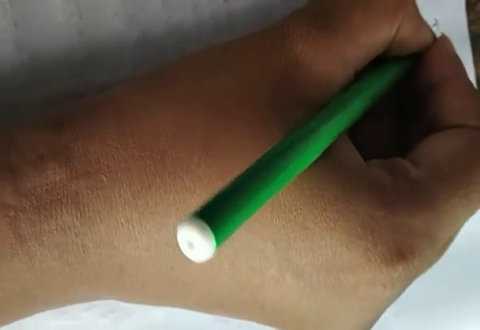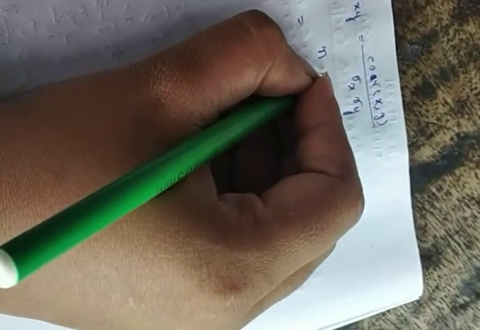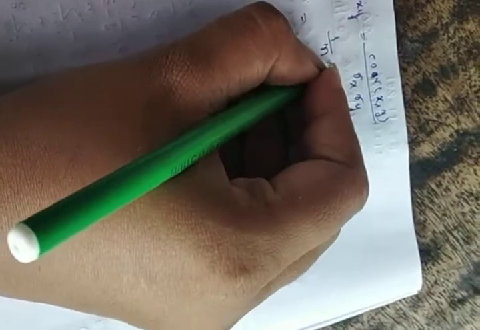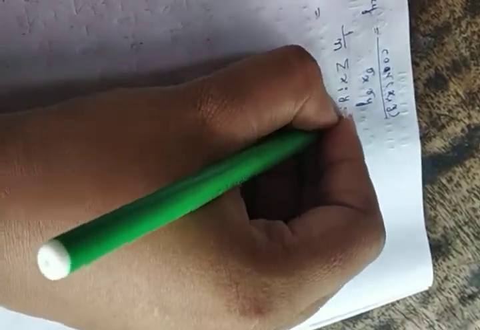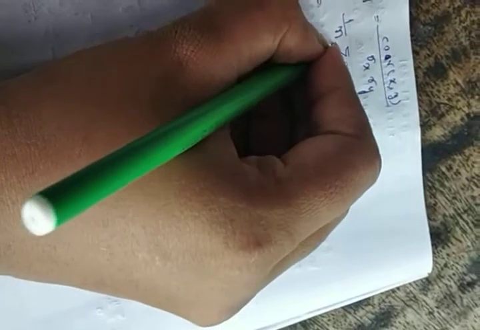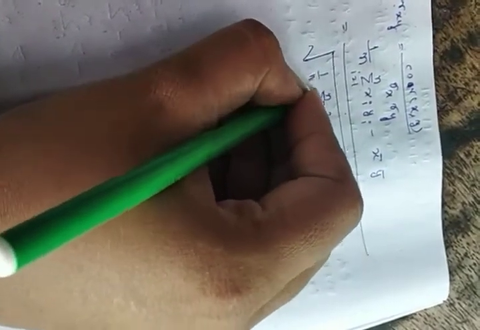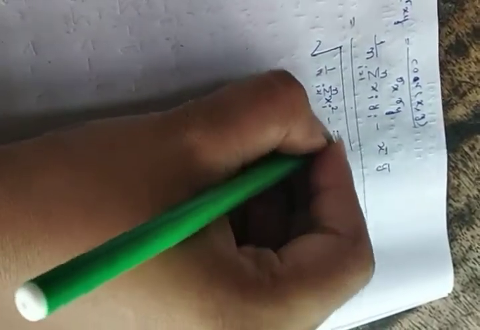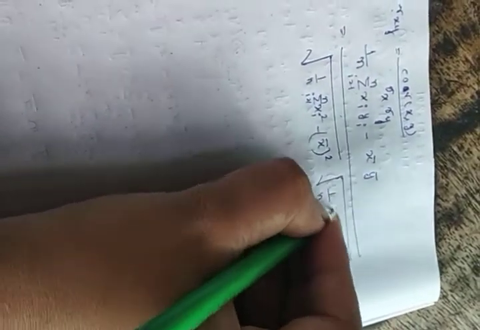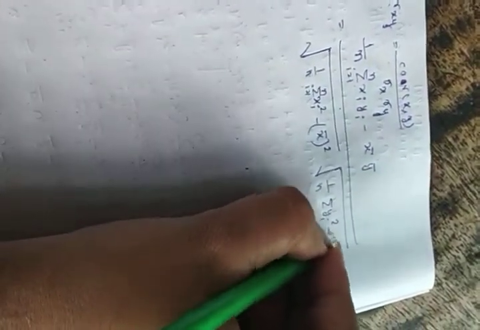So next, our formula is r of xy equals cov of x comma y divided by sigma x sigma y. So cov of xy means 1 by n summation of xi yi minus x bar y bar, i from 1 to n, divided by root over 1 by n summation of xi square, i from 1 to n, minus x bar whole square, and root over 1 by n summation of yi square minus y bar whole square.